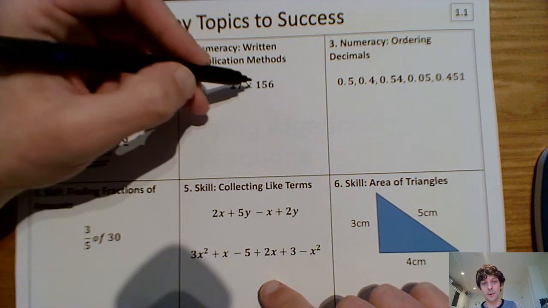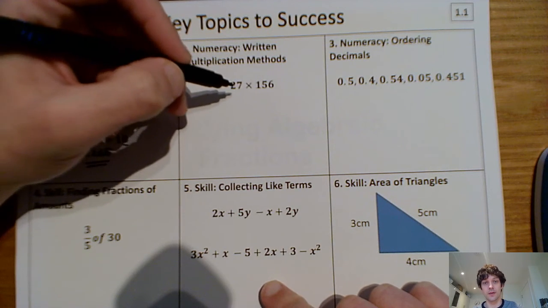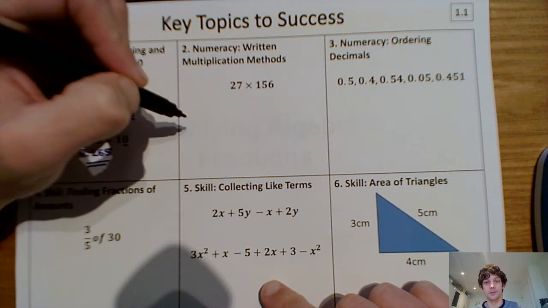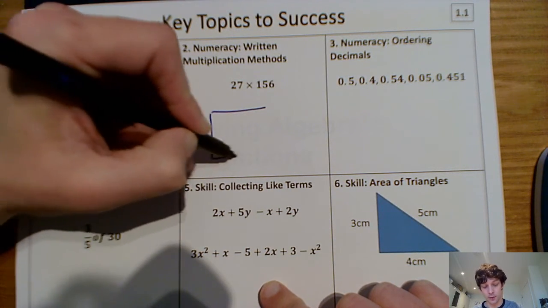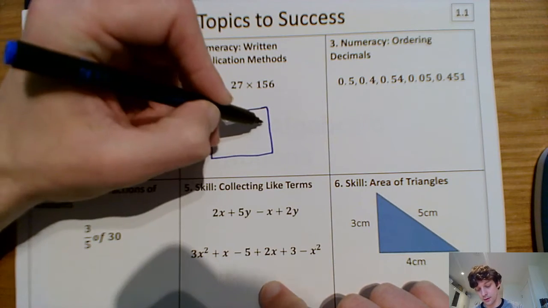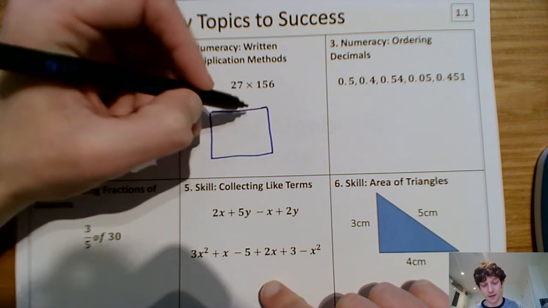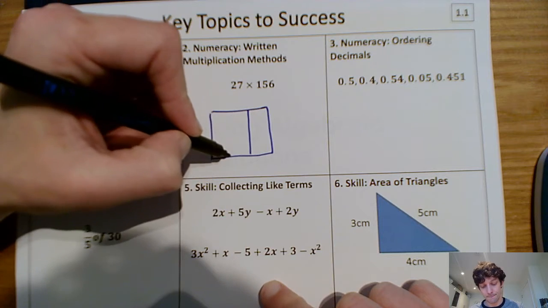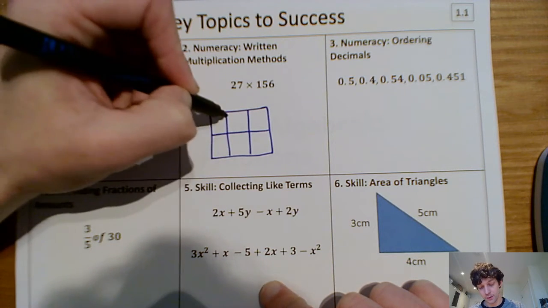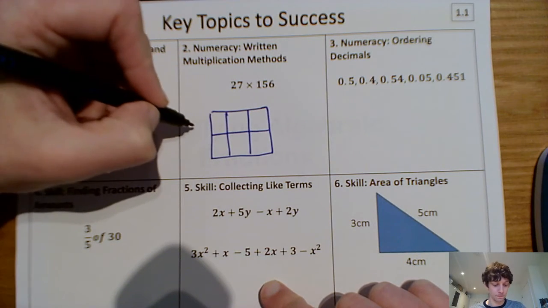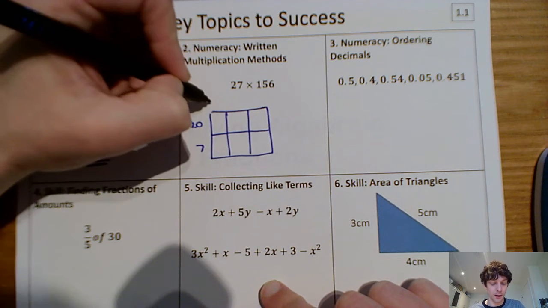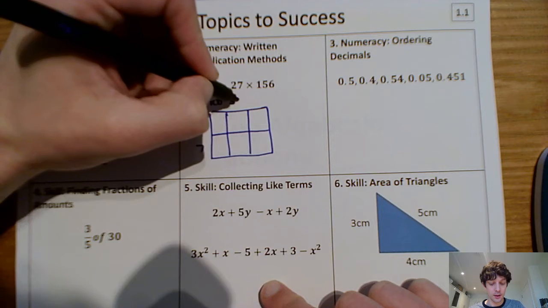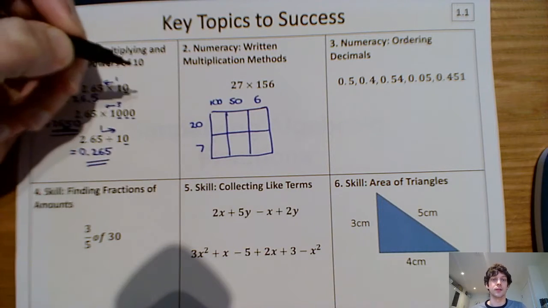So because I'm doing 26 times 156, I've got a 2-digit number multiplied by a 3-digit number. So what I need to do is a 2 by 3 grid. So there's my 2 by 3 grid. And I've got 27 being multiplied by 156.